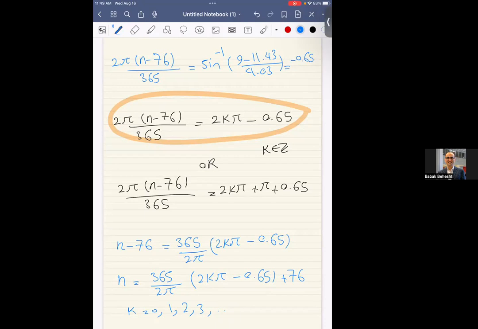For k equal to 0, you have n equal to 365 over 2 pi times minus 0.65 plus 76, and so on. Do you know how to compute n for each of them? You just plug into the formula for k, and then you can find n.